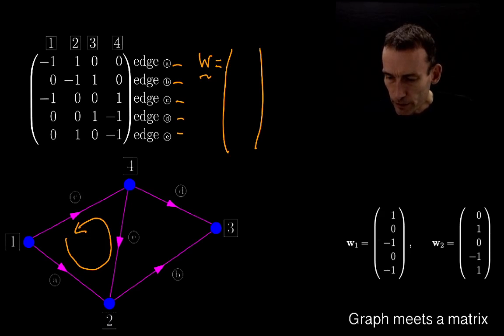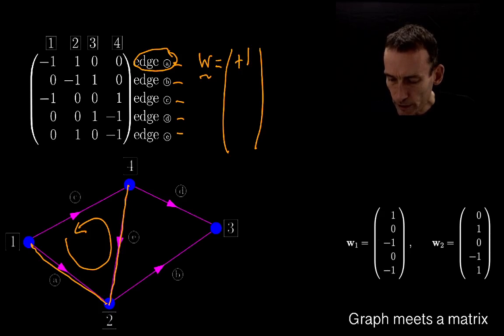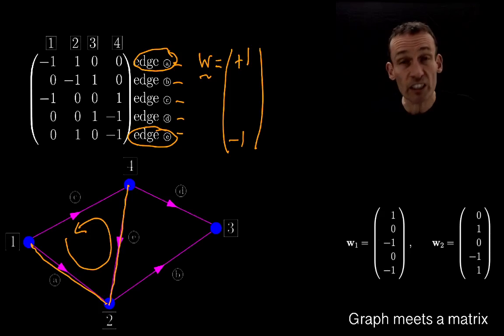The first element, look, is edge A. And I go along edge A. So I'm going to put a +1 in there. My next step is to go along edge E, but I go in the wrong direction according to my arrow designation. So here's E. I'm going to put a -1 in there because I go against the grain. I go against what I set as the positive direction earlier on.